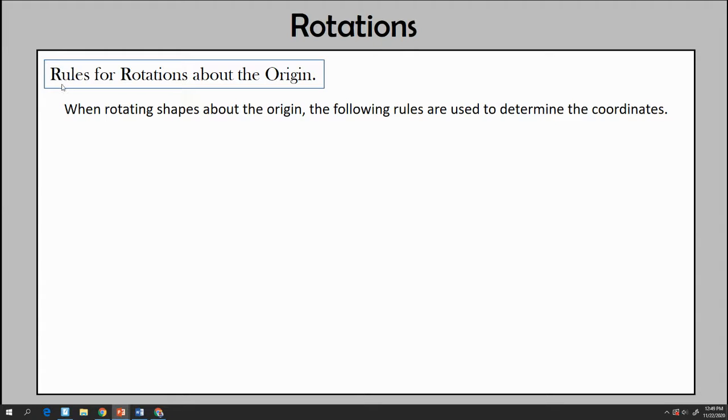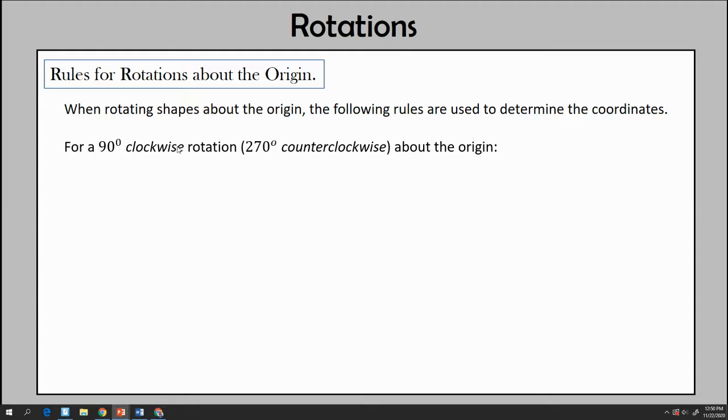Okay, now let's talk about some rules here. When you rotate shapes around the origin, there are rules to doing these. Now, what we're going to look at, though, guys, is specifically three different types of rotations. And in these three different types of rotations, we have some set rules. So if we rotate 90 degrees clockwise around the origin, now 90 degrees clockwise is the same as 270 degrees counterclockwise.